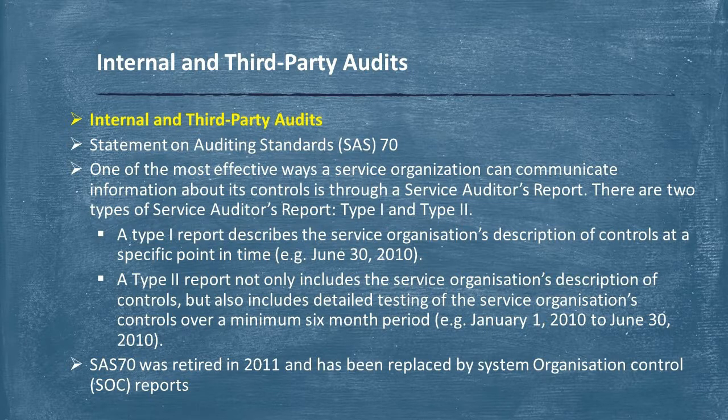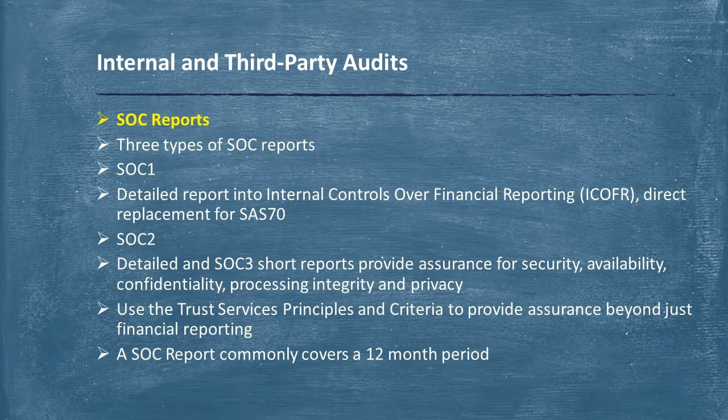Anyway, SAS 70 was retired in 2011 and has been replaced by SOC reports, that is System and Organization Controls reports. Let's look at the SOC reports. There are three types of SOC report. SOC 1 is a detailed report on internal controls over financial reporting, a direct replacement of SAS 70.